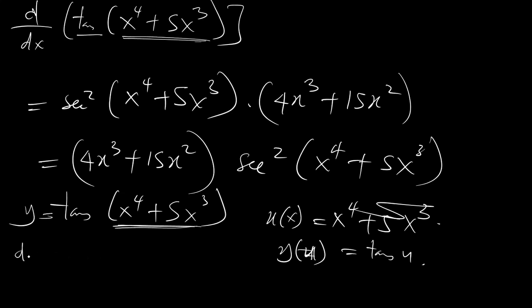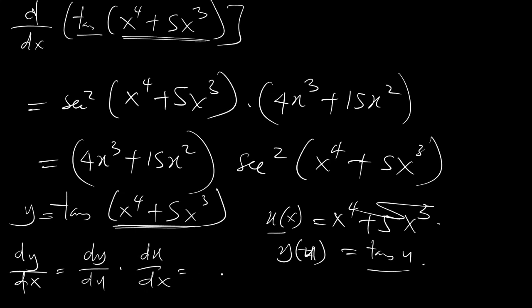Now differentiating the y with respect to x will be differentiating the y with respect to u, which is this, times differentiating u with respect to x. When this cancels, you have the same thing.